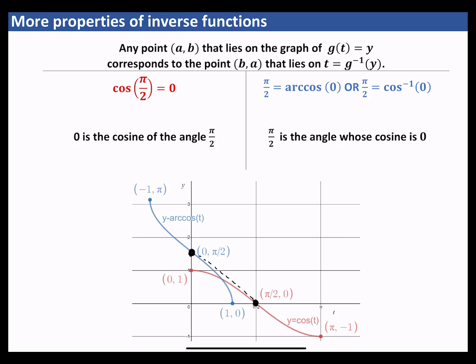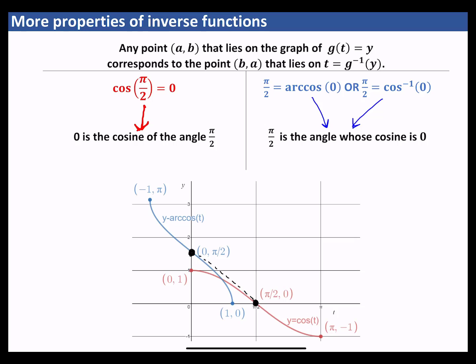And using function notation, we can say the cosine of pi over 2 equals 0, which means 0 is the cosine of the angle pi over 2. And switching perspective, we can also say that pi over 2 equals the arccosine of 0, or pi over 2 equals the inverse cosine of 0, both of which mean pi over 2 is the angle whose cosine is 0.